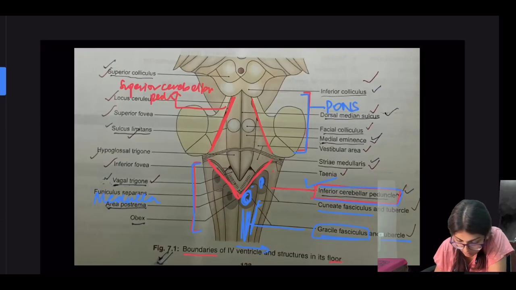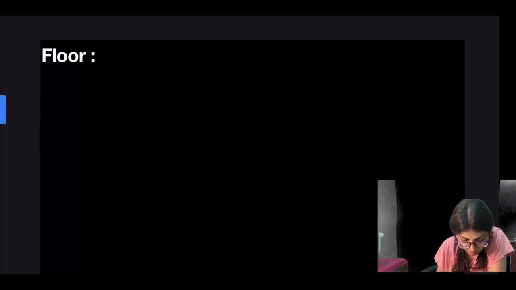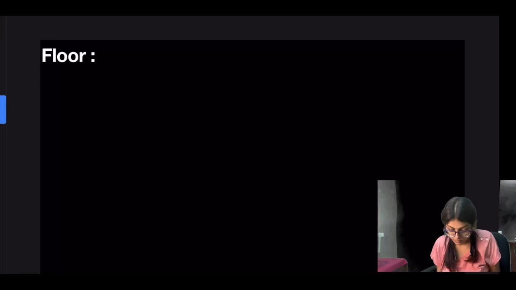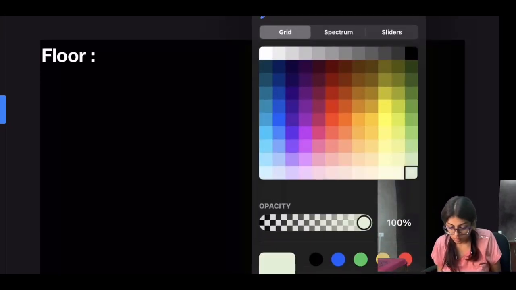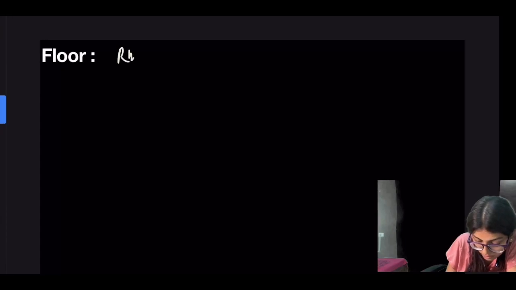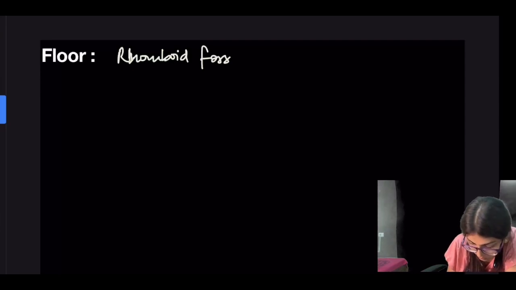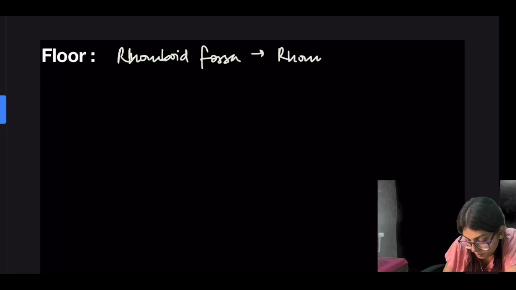Now we will discuss the floor of the fourth ventricle. The floor of the fourth ventricle is the rhomboid fossa, because it has a rhomboidal shape.